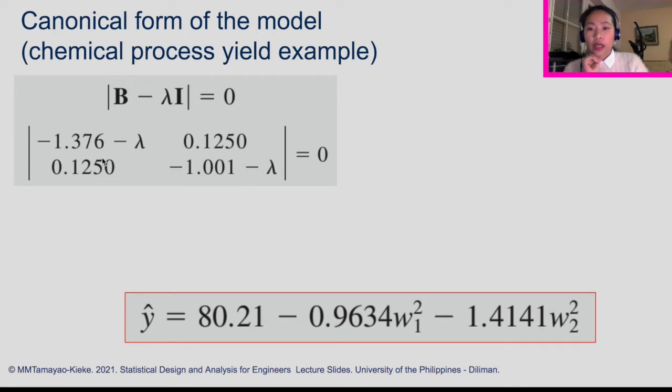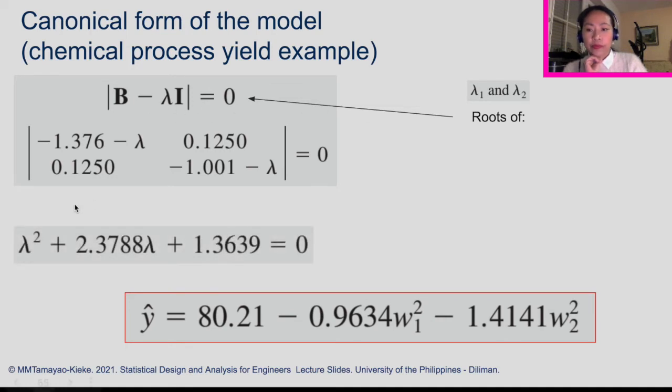We know B, and of course we know I. This would turn out to be this matrix for our example, and we equate this to 0 to get the roots. Lambda 1 and lambda 2 for our example are the roots of this equation.